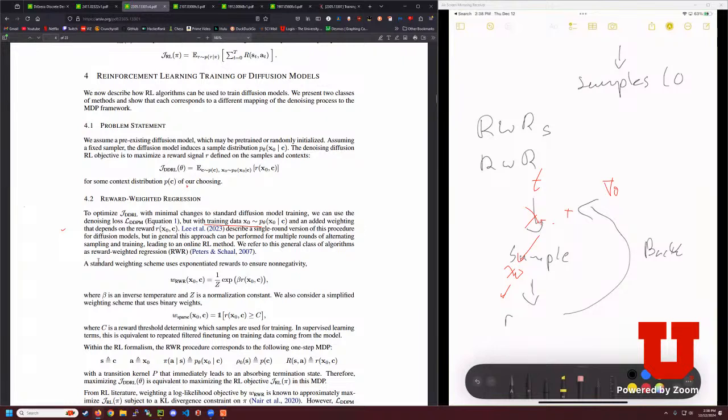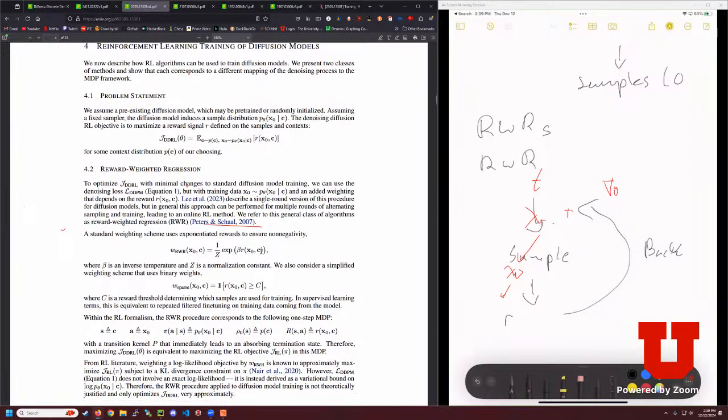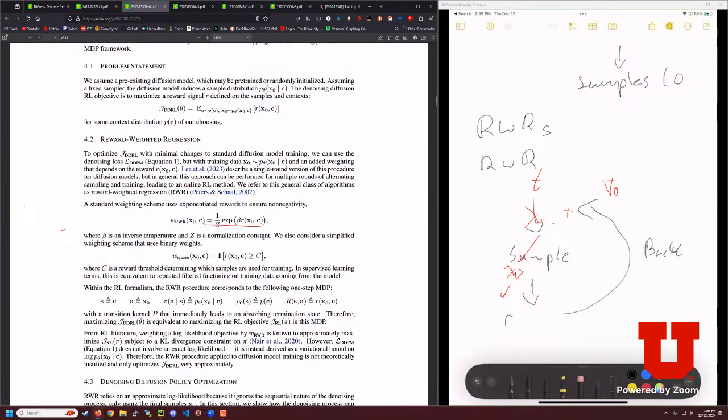So you mean how do they apply that? They just get reward weighted regression. You got this reward. I still don't understand.